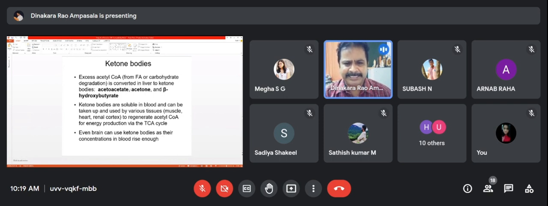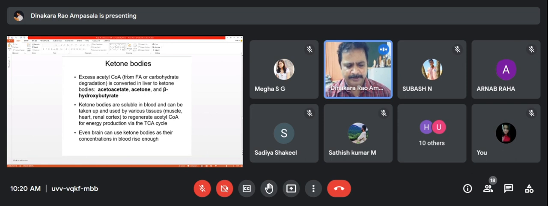Those are acetoacetate, acetone, and beta-hydroxybutyrate. So this acetyl-CoA molecule may enter into the Krebs cycle. If not, it will convert into acetoacetate or acetone and beta-hydroxybutyrate. These three molecules we call ketone bodies.